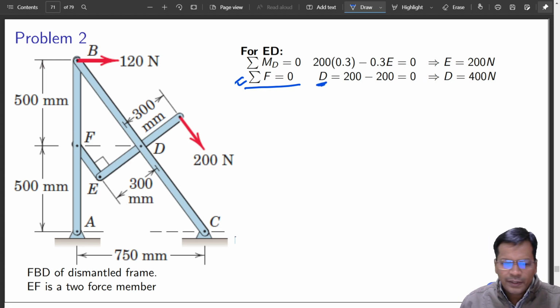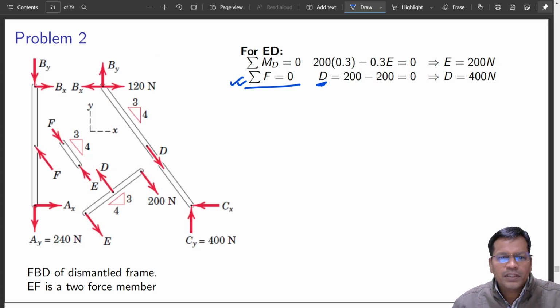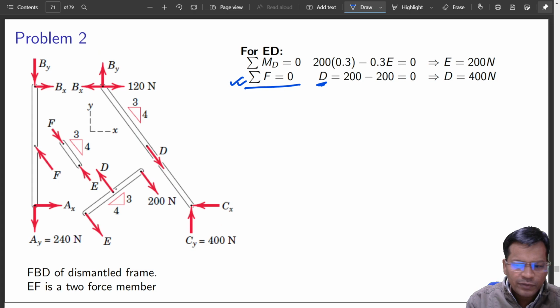How? You just check. You can see this one. Whatever is the force that is coming at F is because of this small member which was there. So whatever is the force from here, that effectively goes to this point, is it not?